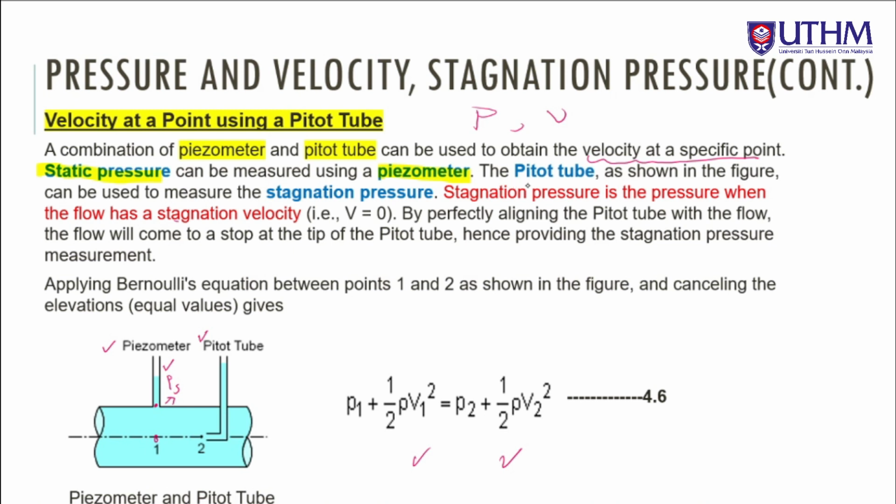And the second one, which is the pitot tube. Pitot tube pula digunakan untuk measure the stagnation pressure. Stagnation pressure dekat sini. So this is the first time kan you guys diperkenalkan dengan stagnation pressure. So what is actually a stagnation pressure? So the stagnation pressure is the pressure when the flow has a stagnation velocity or V equals to 0.